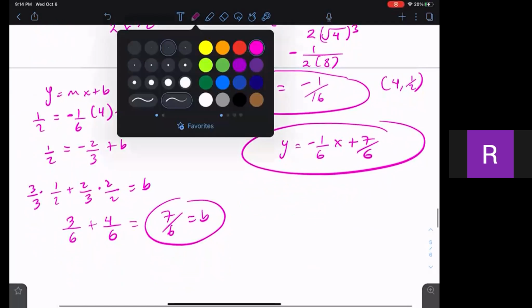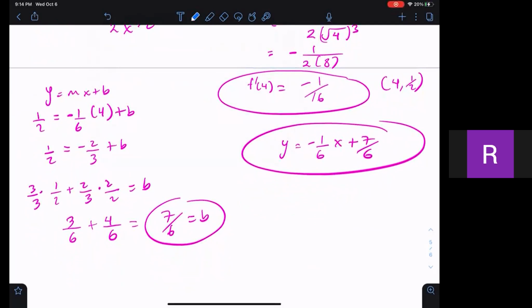If they are asking you to find the equation of the normal line, then since the slope is -1/16, remember, the slope of the normal line is the opposite reciprocal, right? The reciprocal is -16. Opposite reciprocal means it's just 16. So now the equation will be 16x plus b.